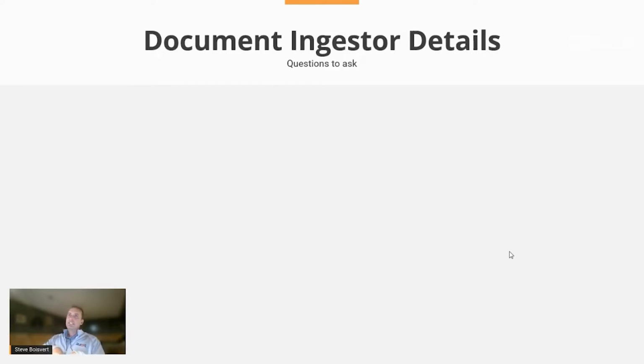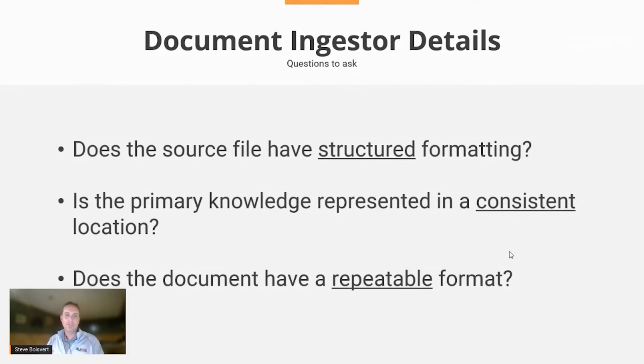So when we get into the document adjuster, there's a couple things that I always ask myself before I start looking at whether or not I want to extract that information using the document adjuster. Maybe I should use one of the other 5 options. The first thing I always ask myself is, does the source file have structured formatting? Is there structure there that I can utilize and create as parsing cues?